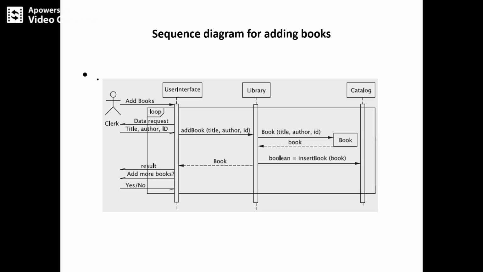Whenever the loop is entered, we go back to the response from the system, maybe step number 3 or whichever step is repeated. Similarly, here the rectangular shape we have drawn marks where the loop will start. So this is about the sequence diagram for adding a book.